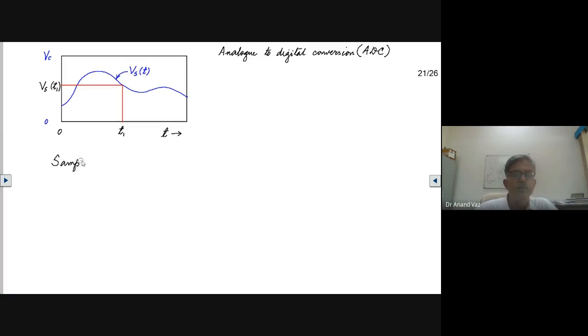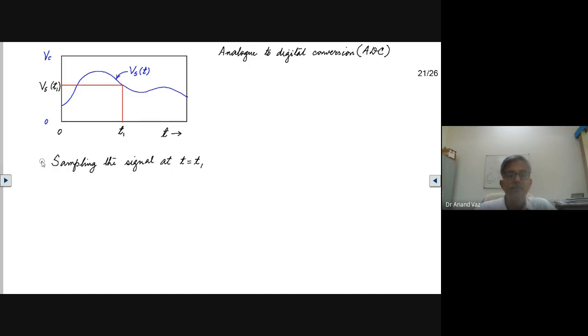Because we are interested in knowing what is the value of this, we have to sample it, sampling the signal at t equal to t1. This is our first thing which we have to understand. This is called sampling.